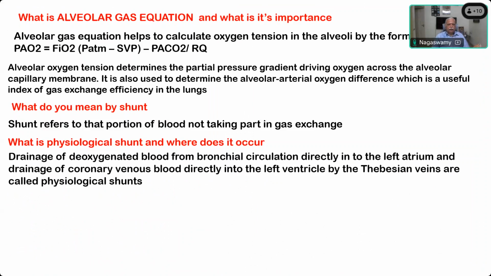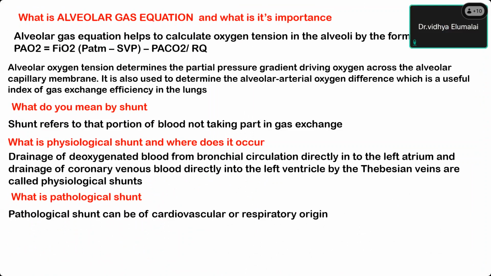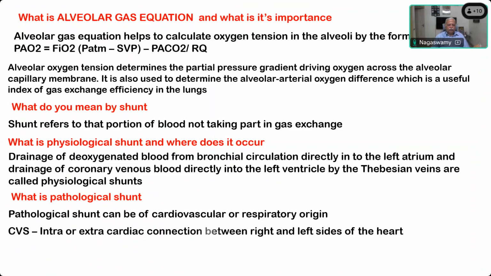Okay. What is pathological shunt? Portion of blood not taking part in gas exchange because of atelectasis or any airway obstruction. Can be cardiovascular or respiratory in origin. Okay. Yes, sir.